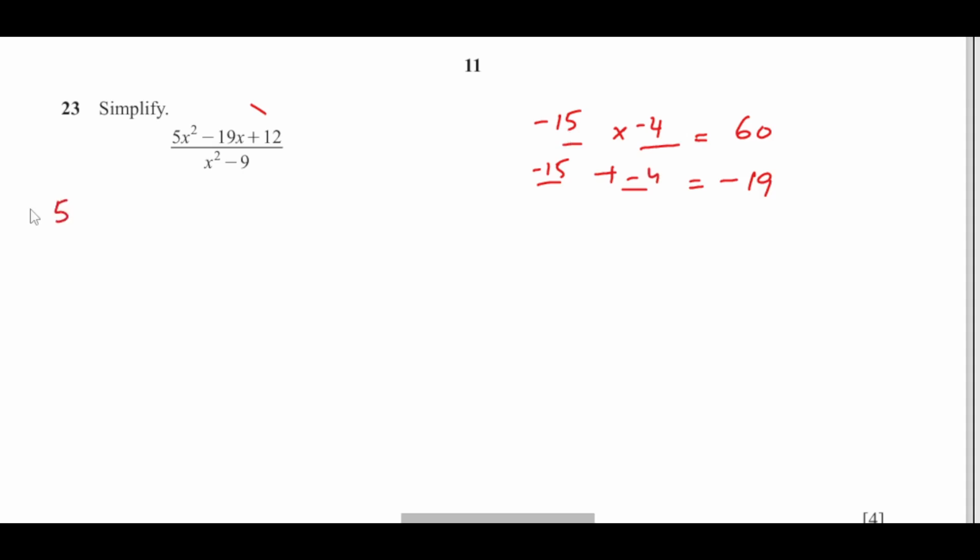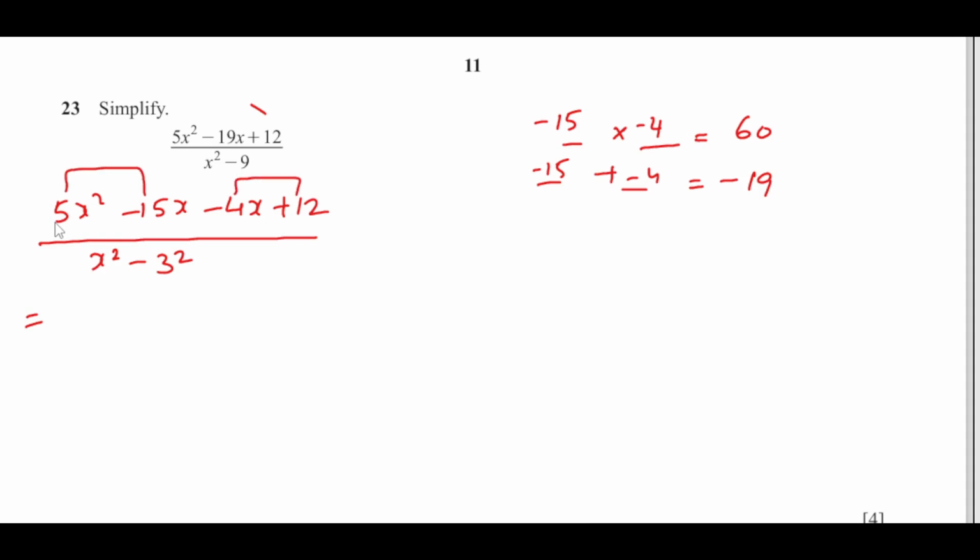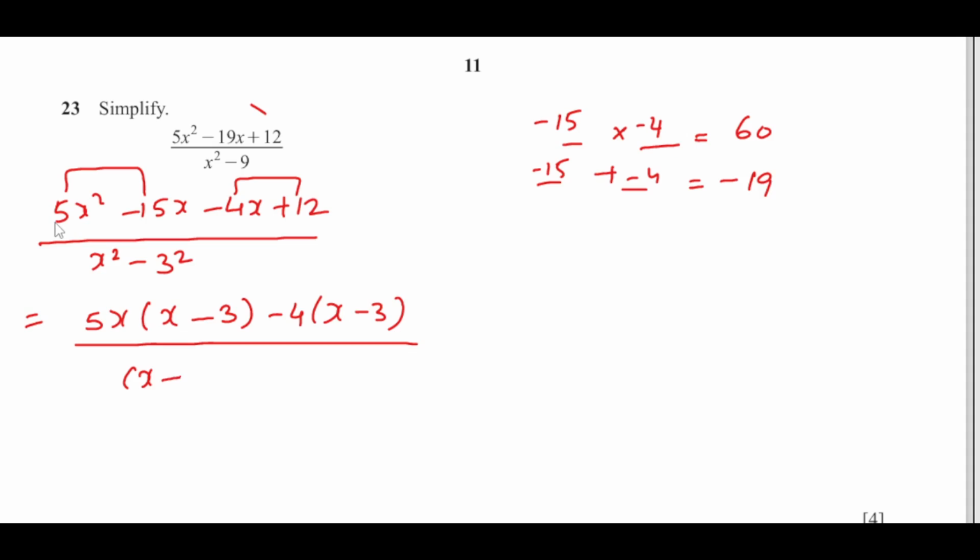So we can write it down, 5x squared minus 15x minus 4x plus 12 over, we have here a square minus b square. So now what is common from here? 5x is common, and we have x minus 3, then minus 4 into x minus 3. Now here we are going to apply the formula, a square minus b square is a plus b, a minus b, so x plus 3, x minus 3.